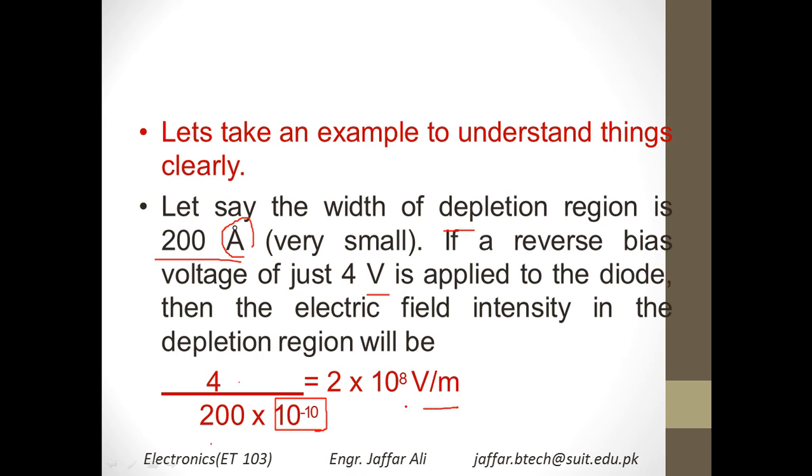So this will be the electric field intensity in the depletion region, that is 2 into 10 power 8 volts per meter. You see that this is a very huge value. The electric field intensity is very high here because the depletion region is very small.